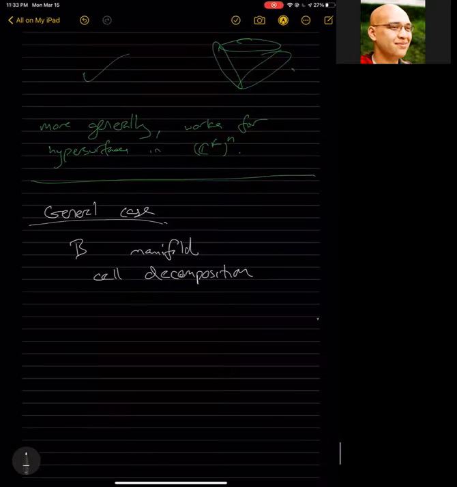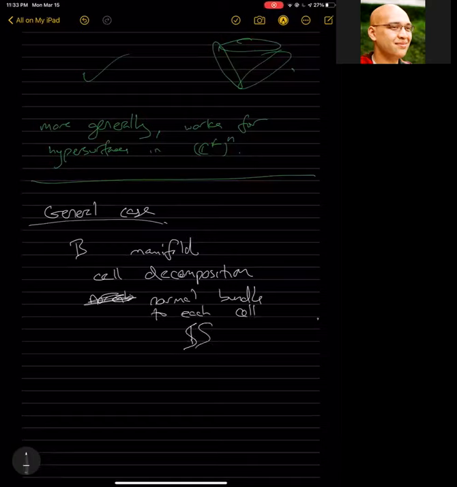And you ask that the normal bundle to each cell is identified with the fan of a toric variety, in such a way that you have the appropriate compatibility of going from one cell to the cells in its closure and so on.